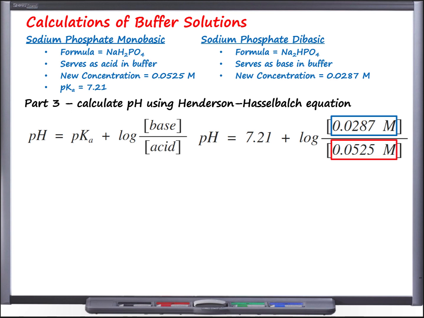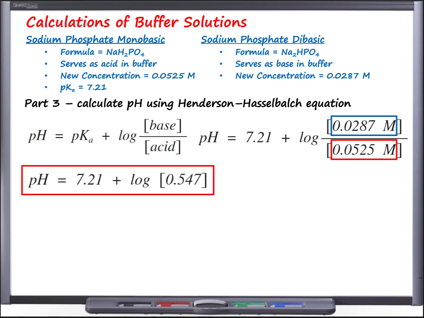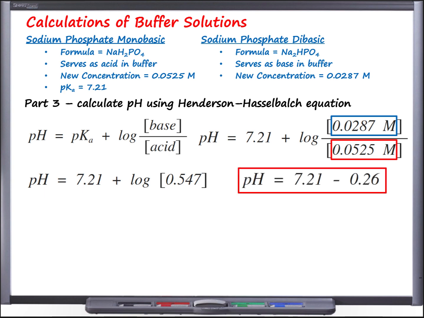On the other hand, our new acid concentration has gone up to 0.0525. If we divide those two numbers, we get 0.547. Now, just be aware that the log of 0.547 is a negative number, negative 0.26.